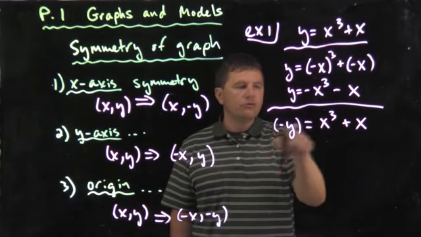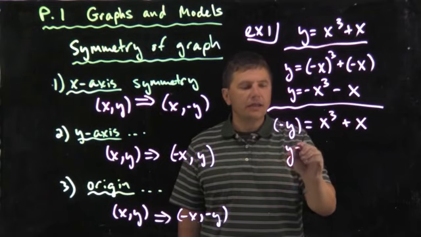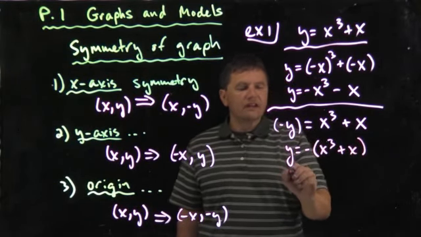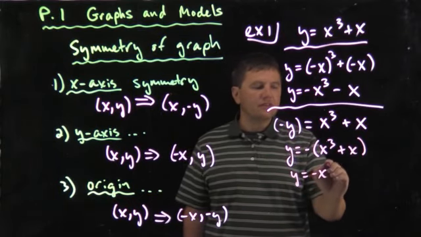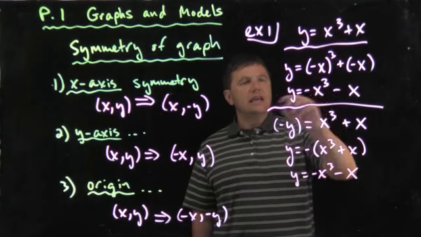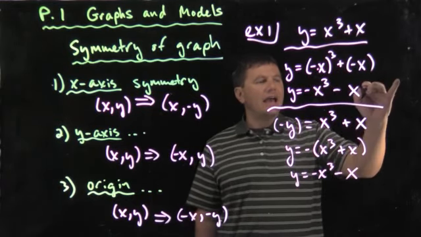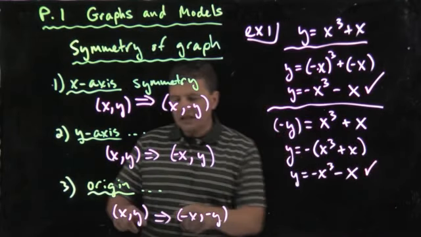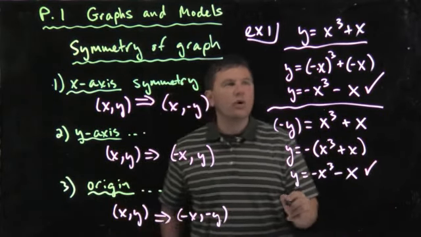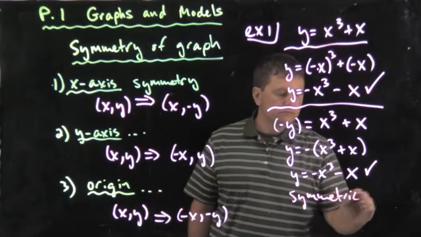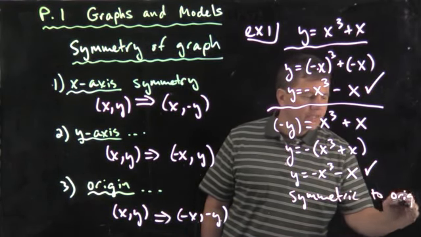So I'm going to multiply both sides by the negative, and that's going to give me y equals negative x to the third minus x. So what I realize here is plugging in negative x gives the same as plugging in negative y. What that means is that this one is symmetric to the origin. And that's how we test it.